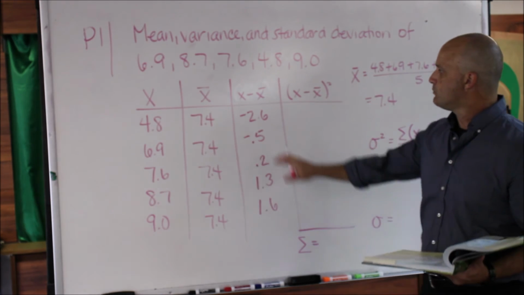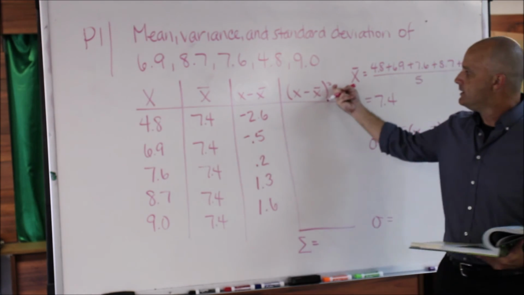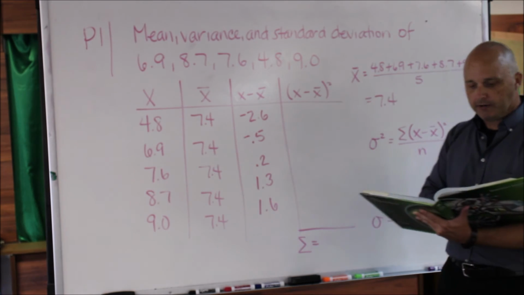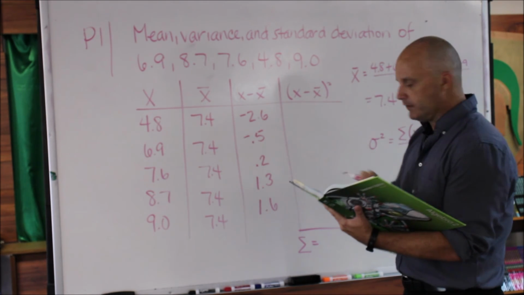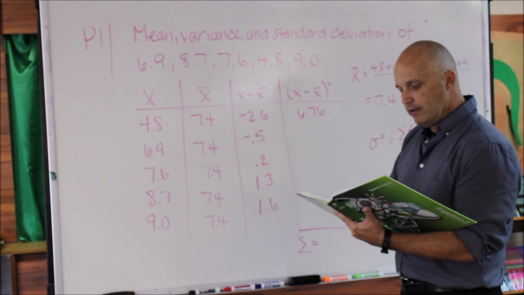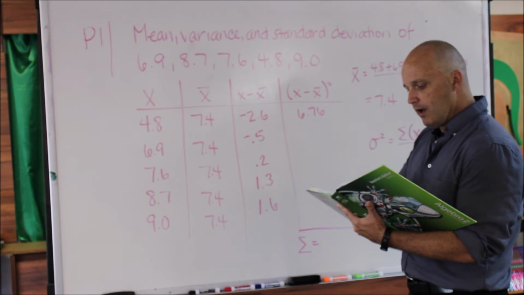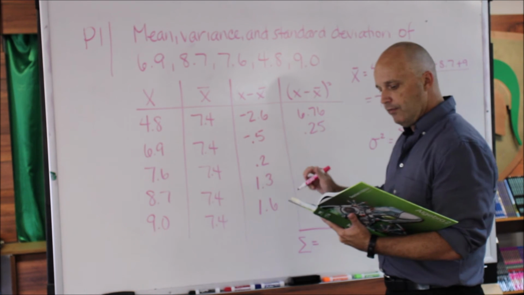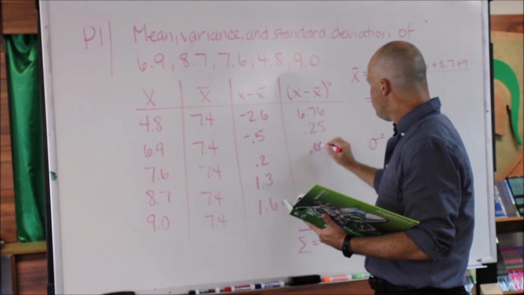Now, once you've established what the difference is, we're going to take the solution to that difference and square it. So negative 2.6 squared is going to be 6.76. Then for negative 0.5, we end up with 0.25. Then we end up with 0.04.